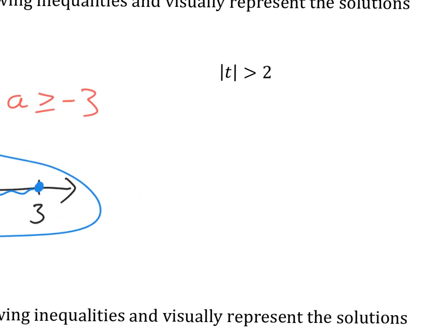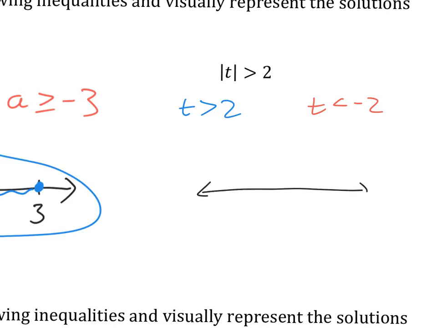All right, let's look at this next one. We have the absolute value of t is greater than 2. We'll write our first inequality just as we see it, but without the absolute value bars. Then for our second one, we flip the inequality symbol and make it a negative 2. So we'll have t is greater than 2 or t is less than negative 2.